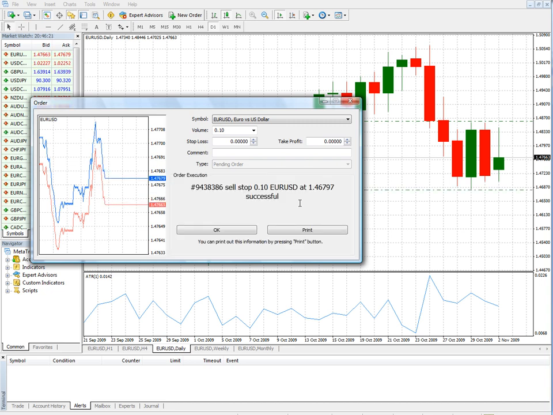All right. So let's put a comment in here. Let's call it breakout of inside bar low. Okay.